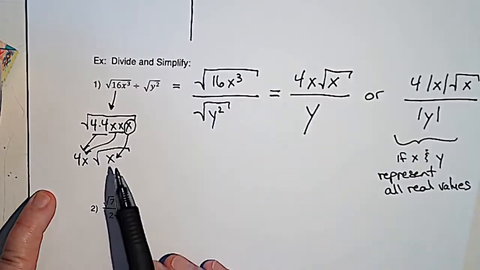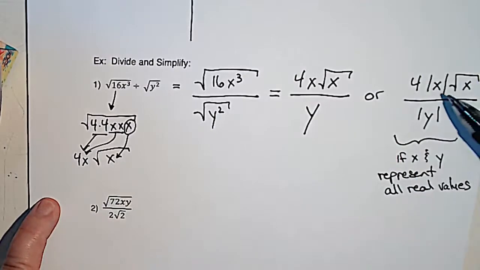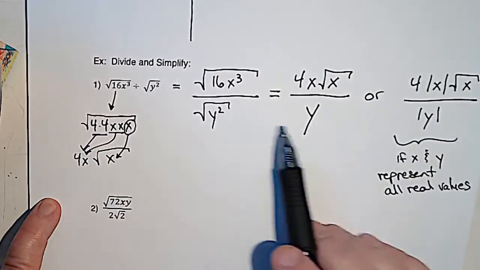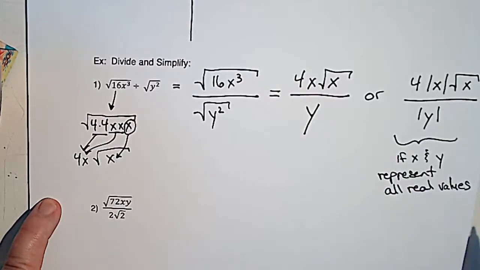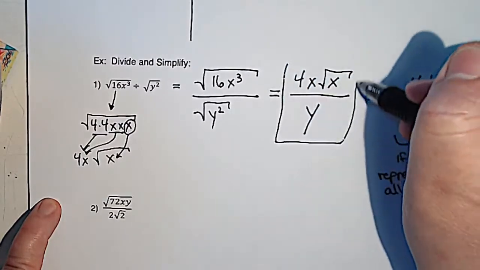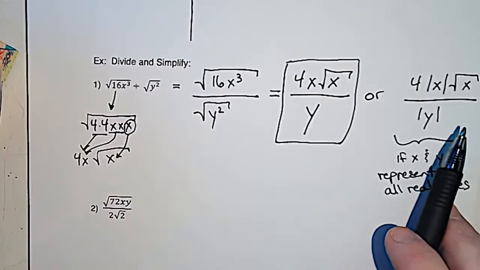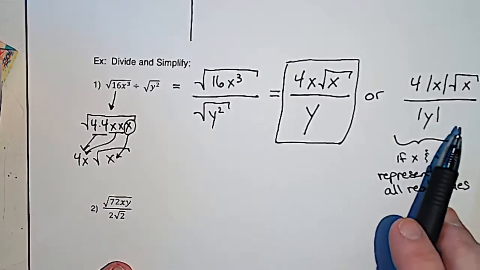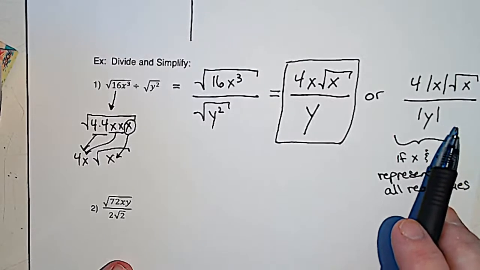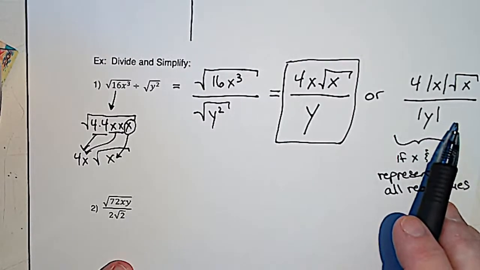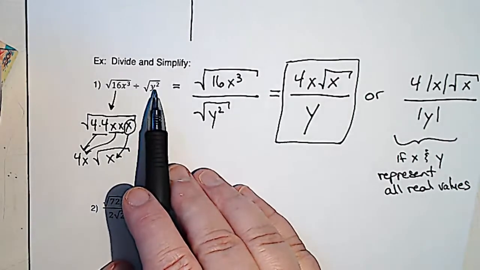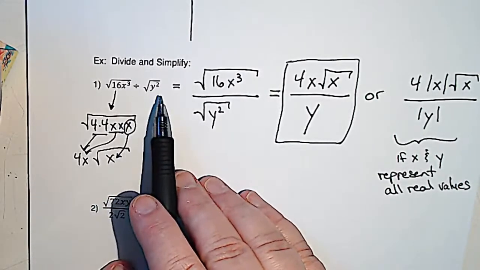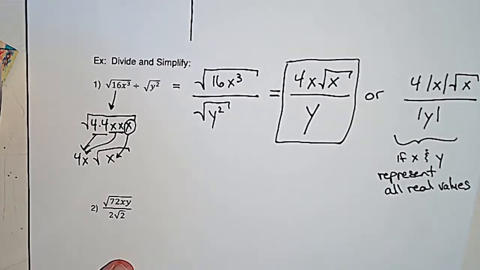When you take the square root of x squared, you end up with the absolute value of x. Square root of y squared, you end up with the absolute value of y. For our purposes, we're just going to stick to this one. But it is possible that if you're watching this video, you may be in this land, which I understand is a land of hurt. Anytime you have the square root of a square, or the fourth root of a fourth power, anytime you have an even index, square root, fourth root, sixth root, eighth root, etc., you end up having to use absolute values if you're talking about all real values.